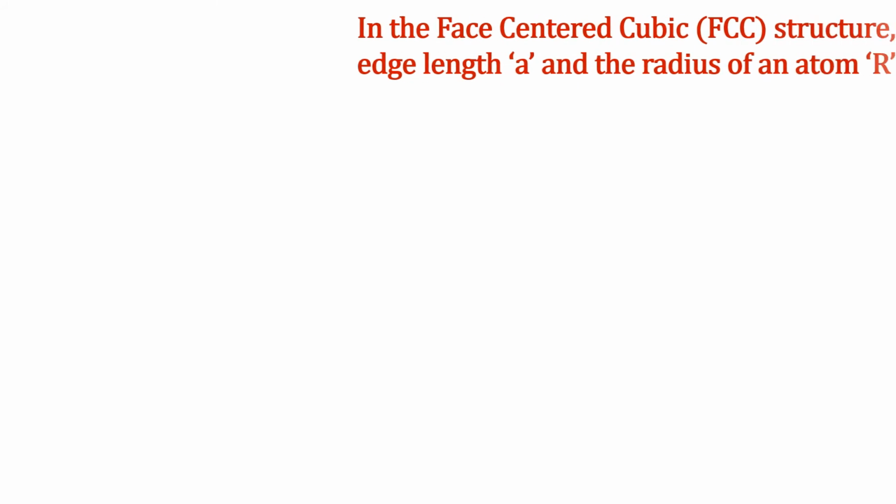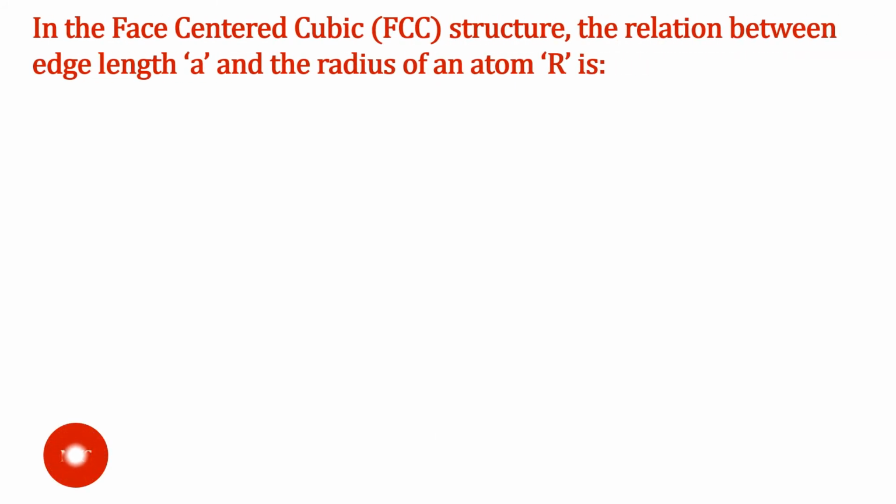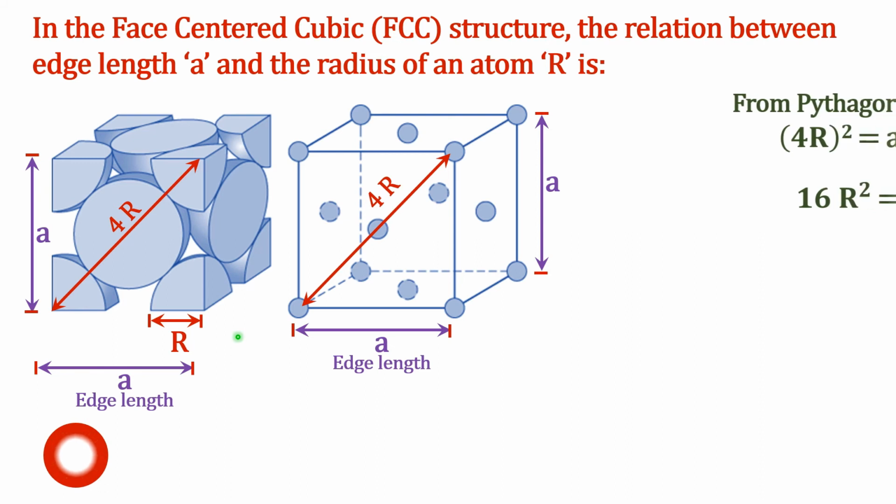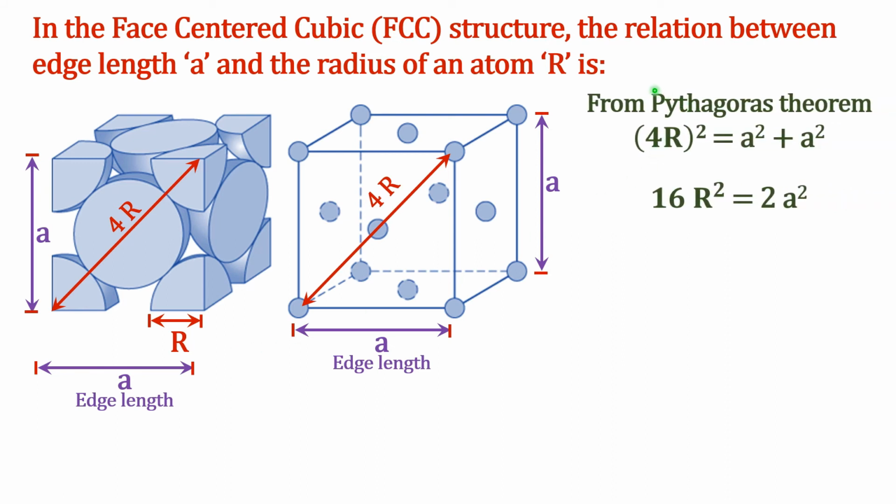In the case of face-centered cubic FCC structure, the relation between edge length A and the radius of the atom R is given based on the geometrical arrangement and Pythagoras theorem as 4R the whole square, which is equal to A square plus A square.